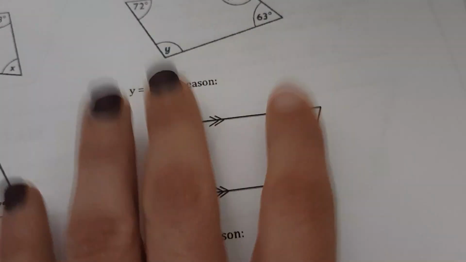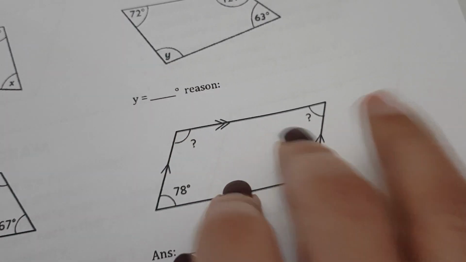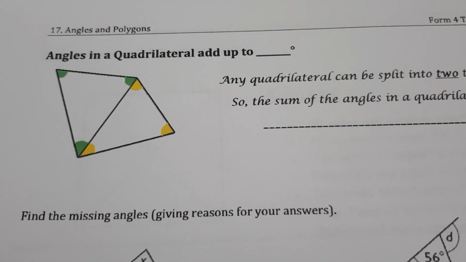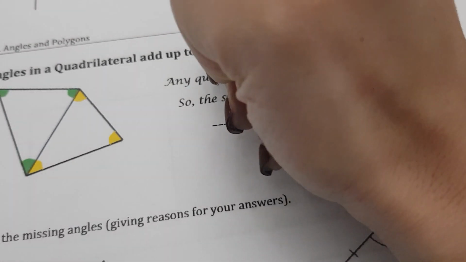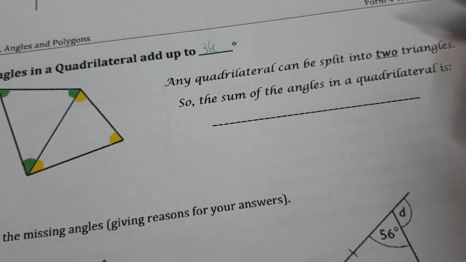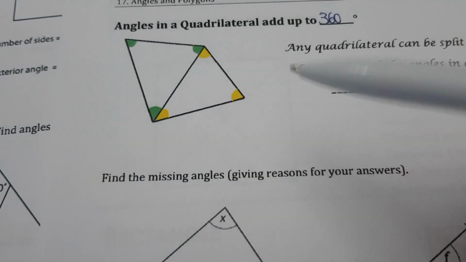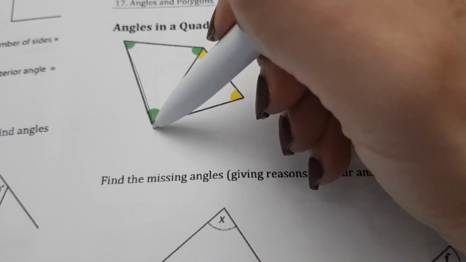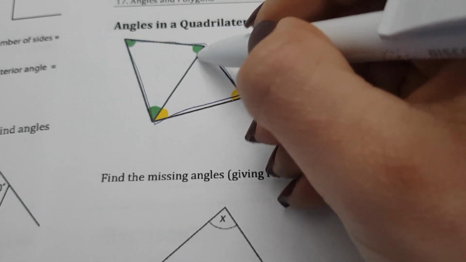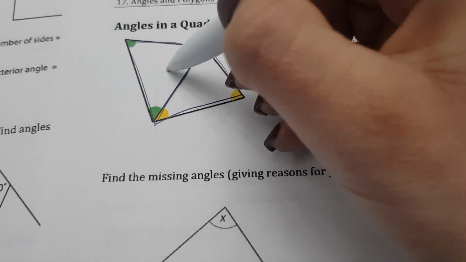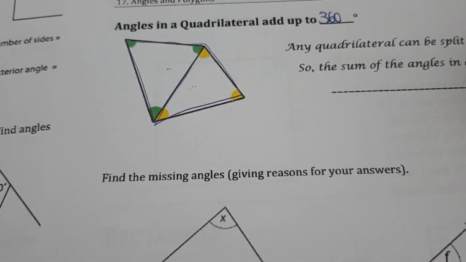Next page. Something else you already know. Angles in a quadrilateral add up to 360. Why do they add up to 360 degrees? If you look at this diagram, this is a quadrilateral. It has 4 sides. If we divide it, we'll end up having 2 triangles.